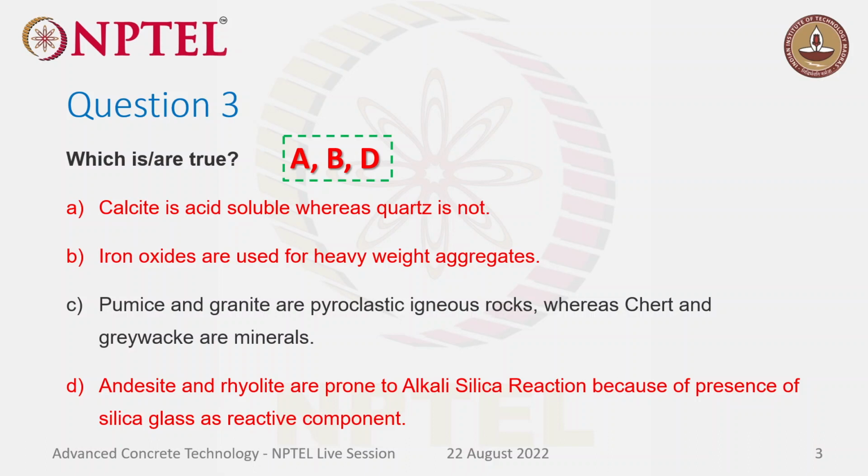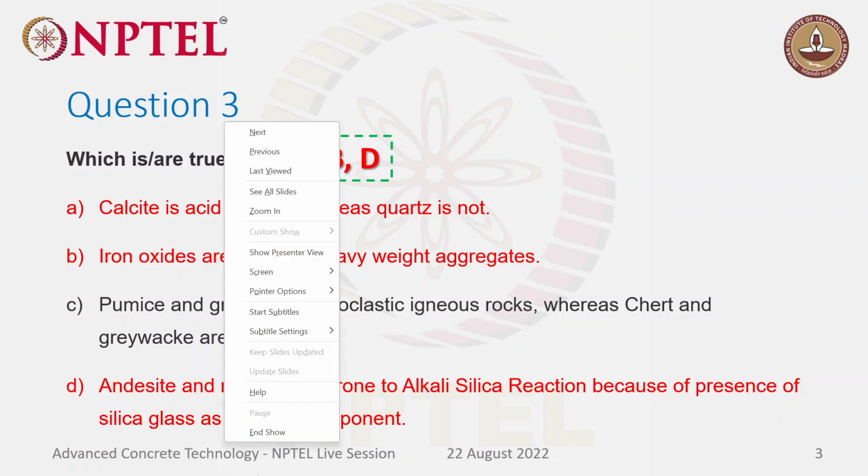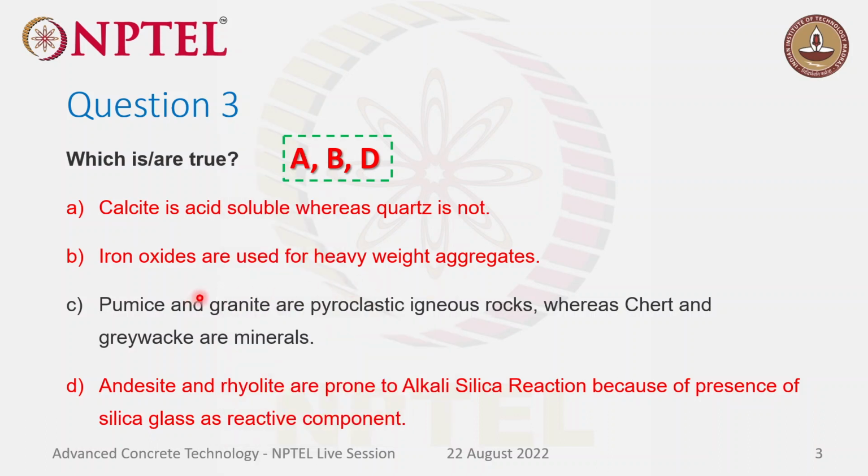If the magma enters that space and cools down within the earth crust, it is called intrusive igneous rock. So granite is such a type of rock which will cool down very slowly, and it's not a pyroclastic igneous rock type. Okay, so it's an intrusive igneous rock. Pumice is a type which is a pyroclastic igneous rock.